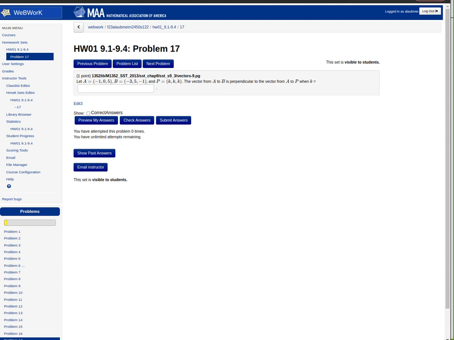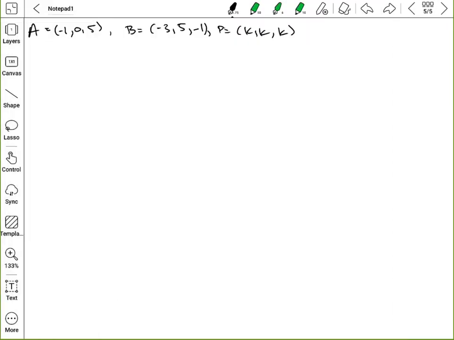I'll just move this there for now. Next time I'll figure out a way to show the web work and the screen better together, so I'm not always tapping back and forth. We want to know when AB is perpendicular to AP. And we get to just solve for any number K that would make that true.